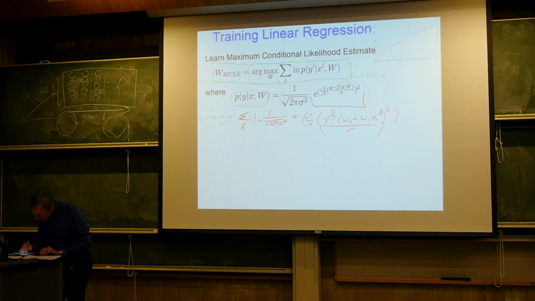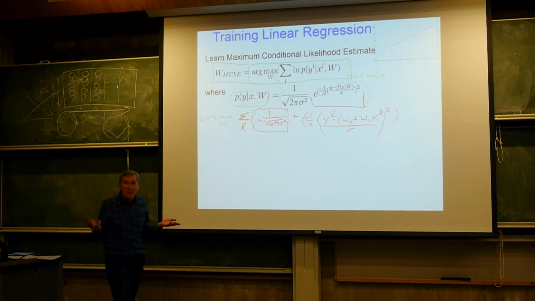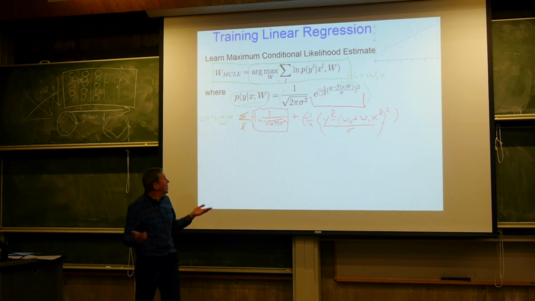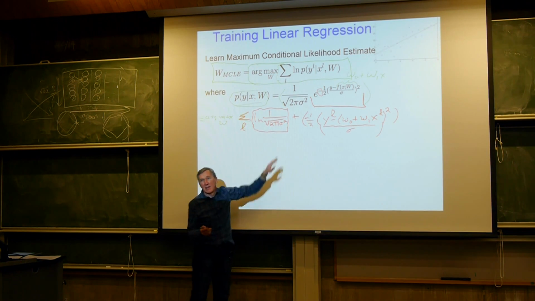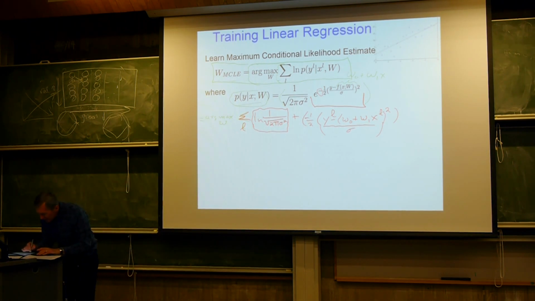Well, first let's just notice that this quantity itself is independent of my w's. So if I'm going to pick w's that maximize this expression, I can ignore this. So what I really want is just the argmax over w of this second expression.